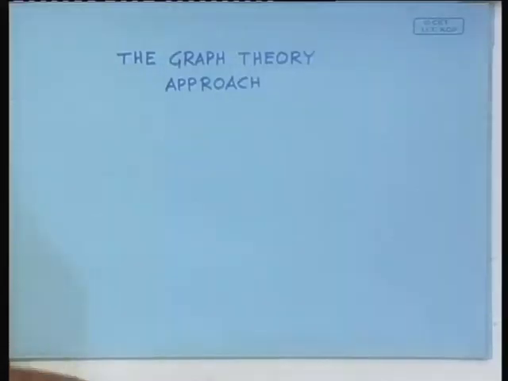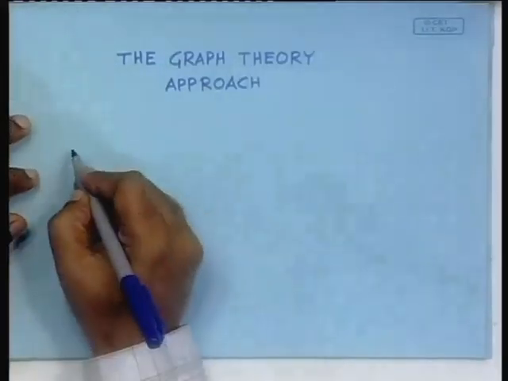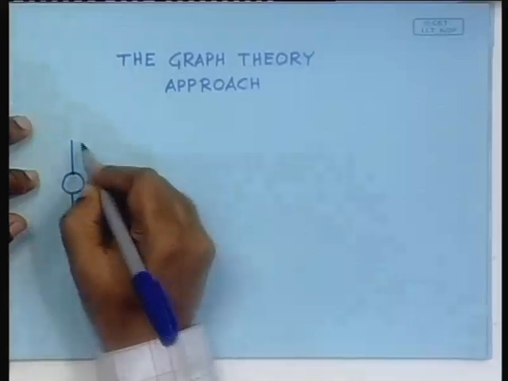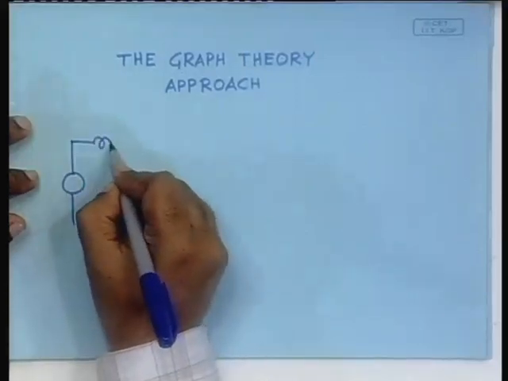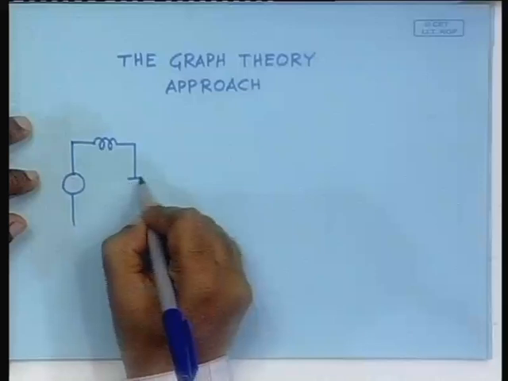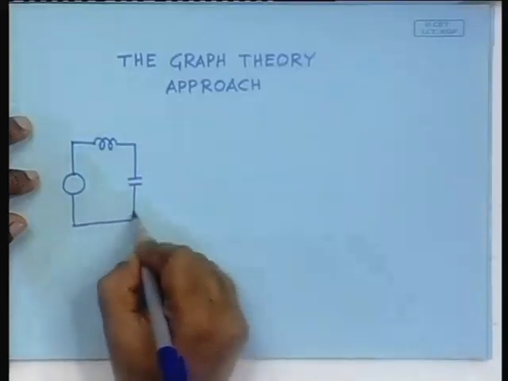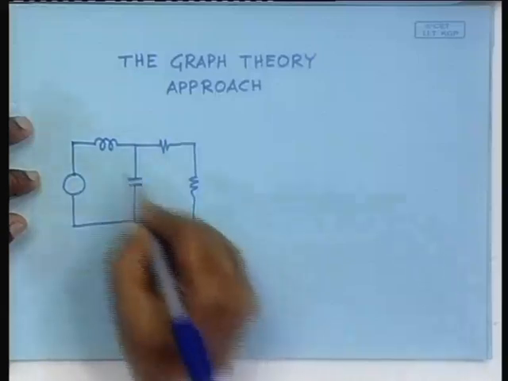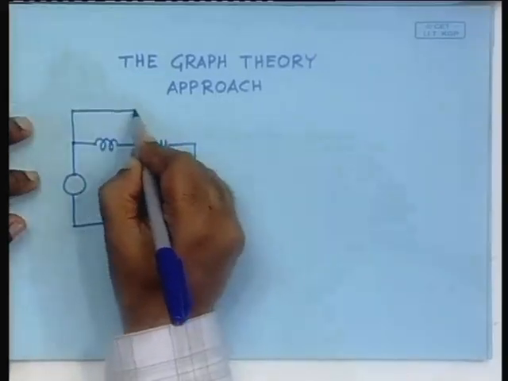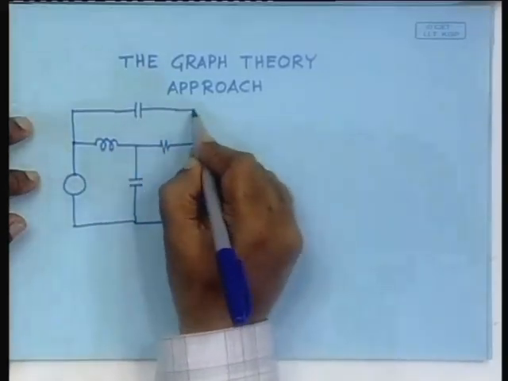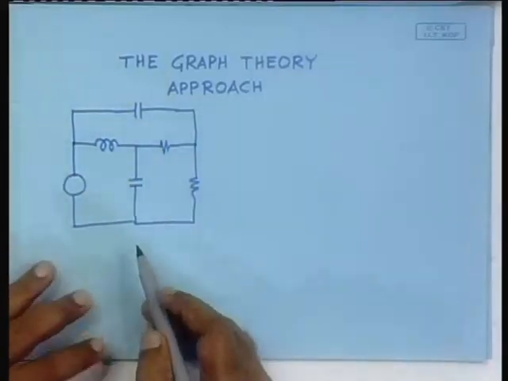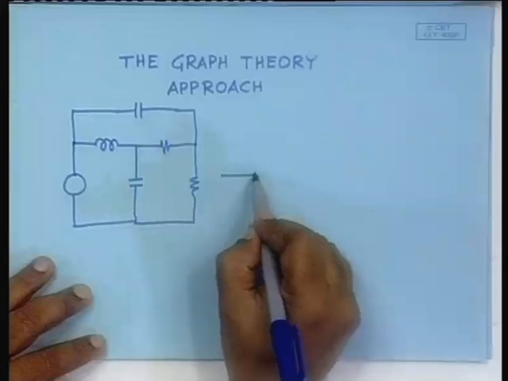So, if you have the circuit that we did yesterday, a circuit like this, here it was the inductance, here was a capacitance, a resistor here, and a capacitor here. Then this circuit will be represented by the graph.